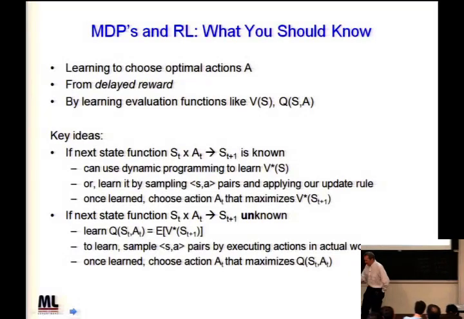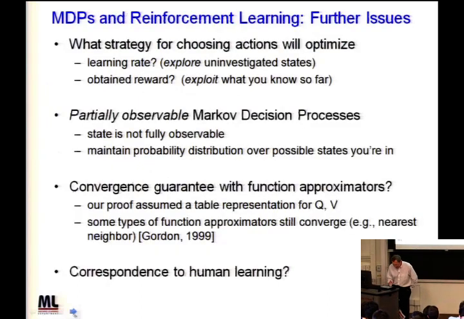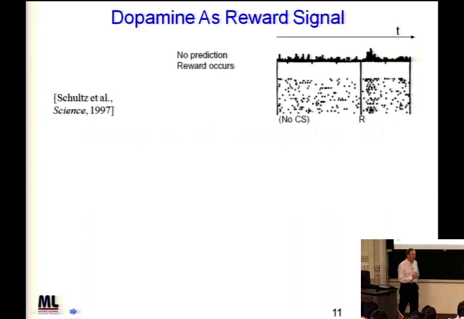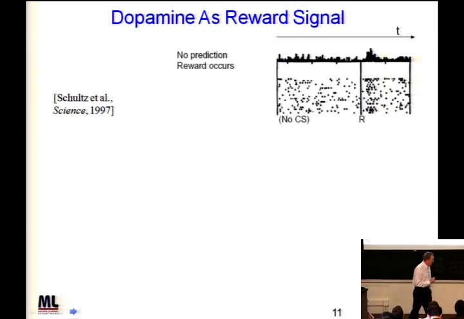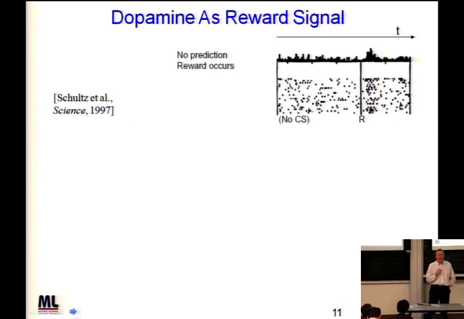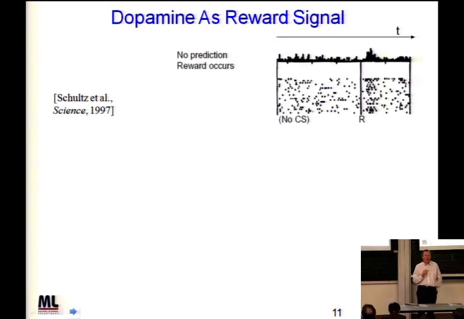So let me show you what I mean. Here's a pretty well-known paper in certain circles, which now dates back to 1997, where somebody had a monkey, and they were doing experiments on the monkey to see how it behaved while it was learning to anticipate future rewards.